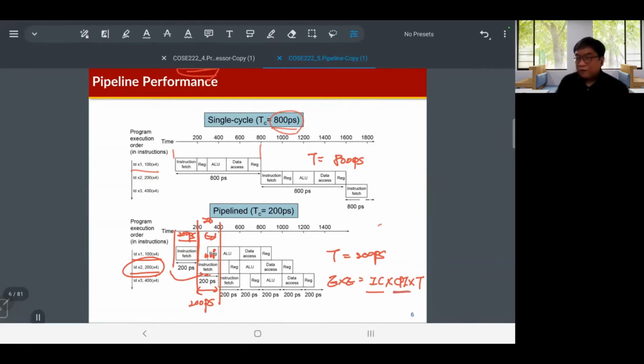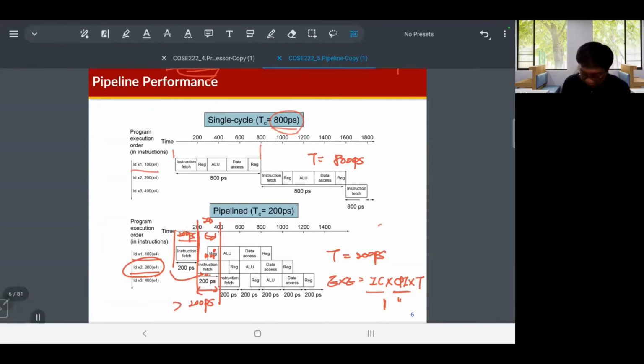So if there is no hazard, I did not explain about the hazard, but if there is no hazard, then CPI is the same for the pipeline architecture, because we can fetch every single instruction every cycle, like this example.